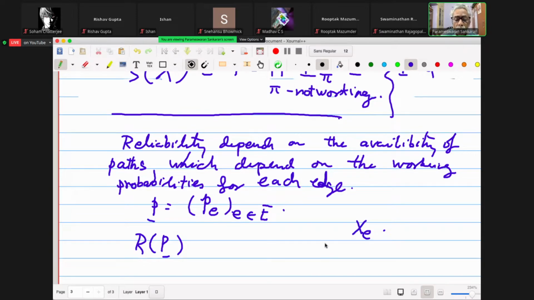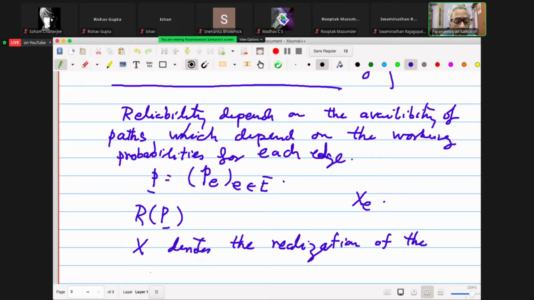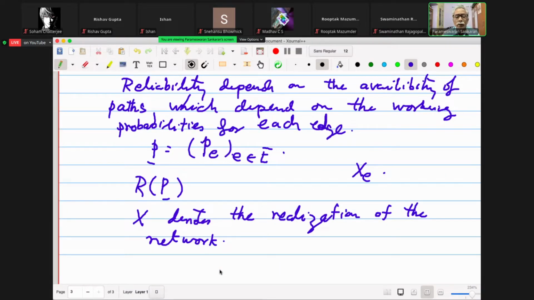X denotes the realization, a word they use, realization of the network. So realization is just this collection of various x's with the available probabilities.